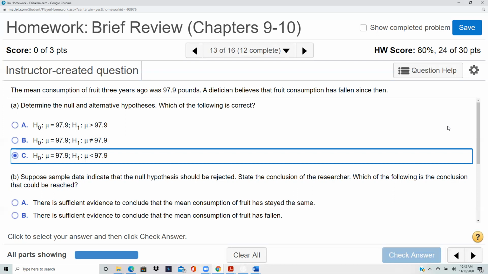If it is rejected, then there is evidence.